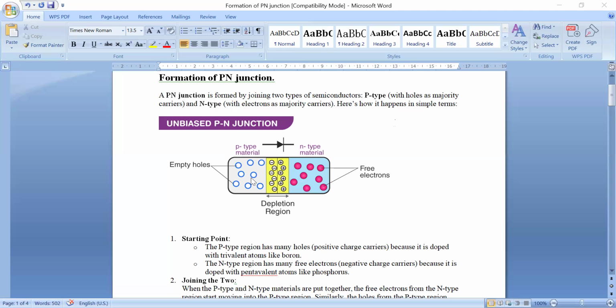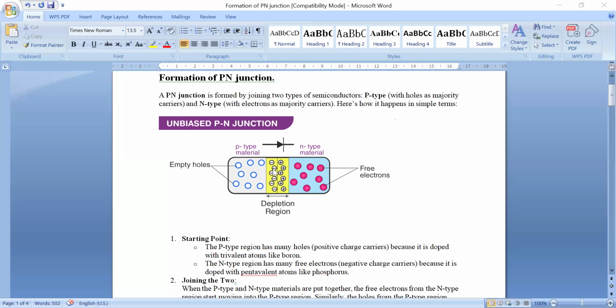Okay, so when p and n-type materials are pulled together, the free electrons from the N-type semiconductor region start moving into the P-type region. Similarly, the holes from the P-type region start moving into the N-type region. As the electrons and holes combine at the junction, they cancel each other, leaving behind a region with no free charge carriers.